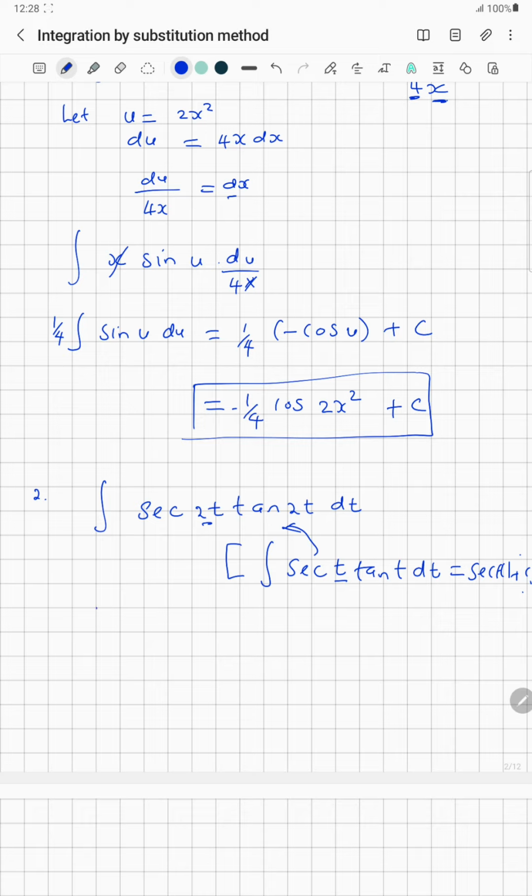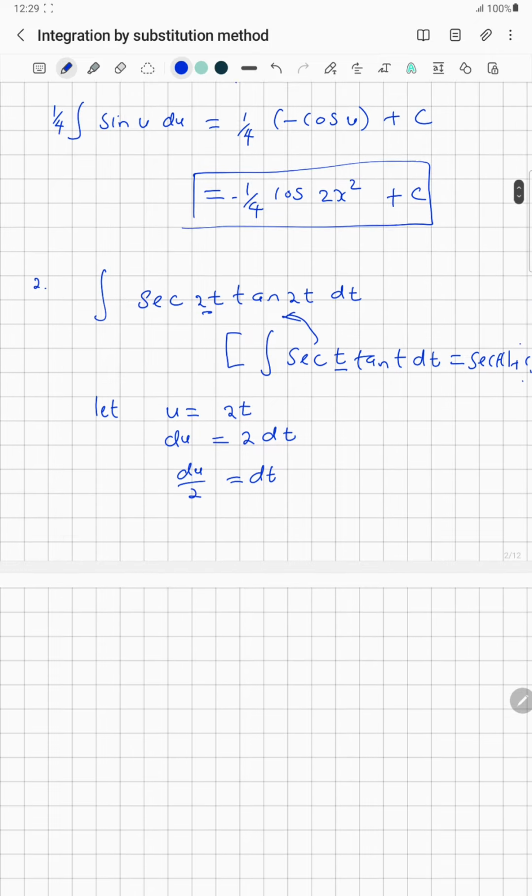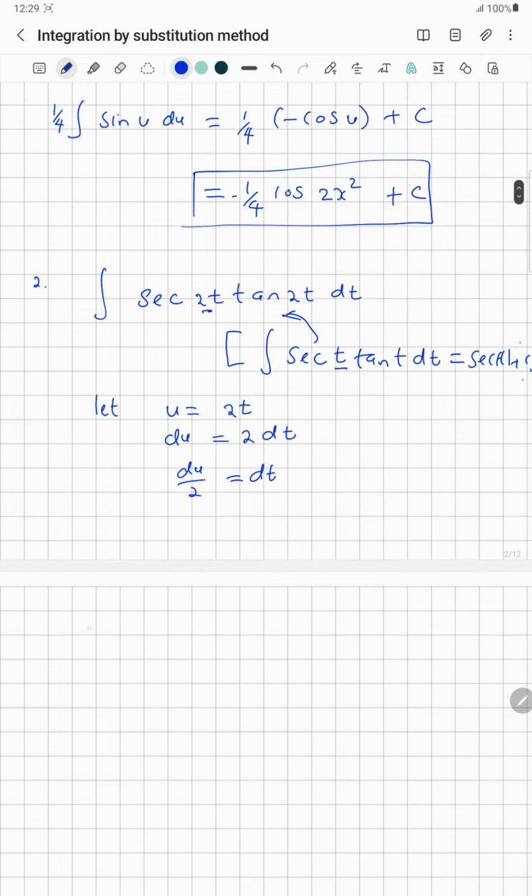So we can write the substitution, let u equal 2t, so that du equals 2 dt, so that du over 2 equals dt. Now we can do that substitution. We integrate sec of u tan of u, and dt we replace with du over 2.